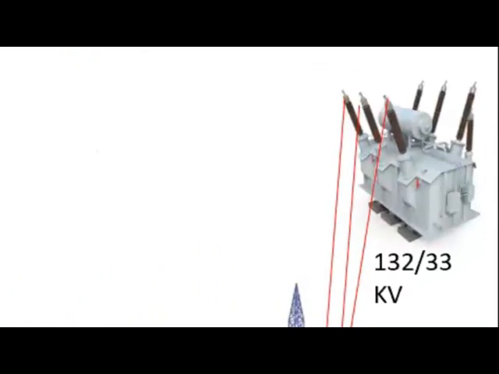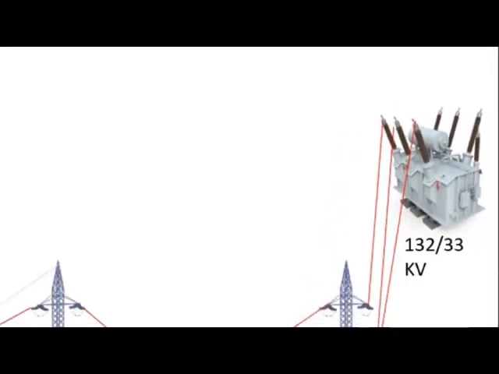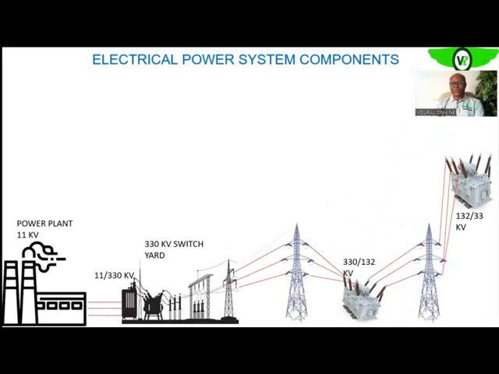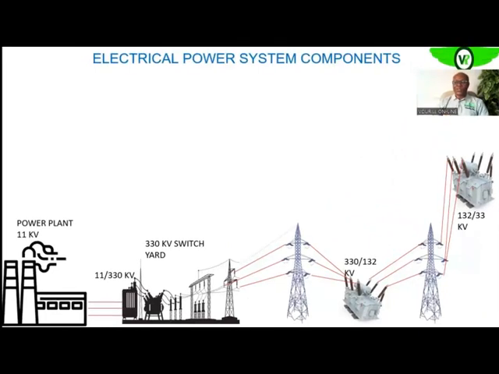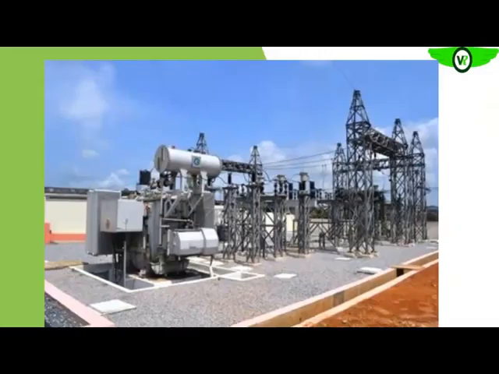There we also have a step-down transformer that will take the voltage from 132 kilovolts to 33 kilovolts. From here, the 33 kV will now be sent to your injection substations.